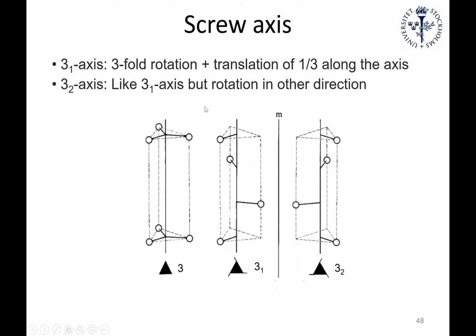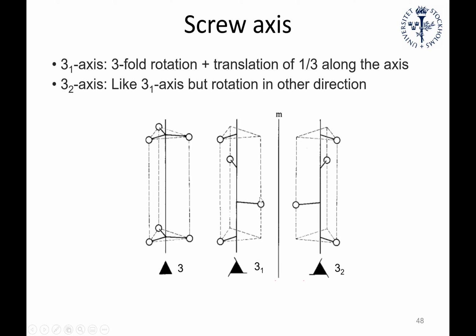So we can also have 3-1 and 3-2 screw axes. So again, on the left-hand side, this is just your standard rotation axis, a threefold rotation axis. So these 3 points are related to one another by a threefold rotation. But in a 3-1 screw axis now, you rotate 120 degrees, and then you translate 1/3 of a unit cell up.